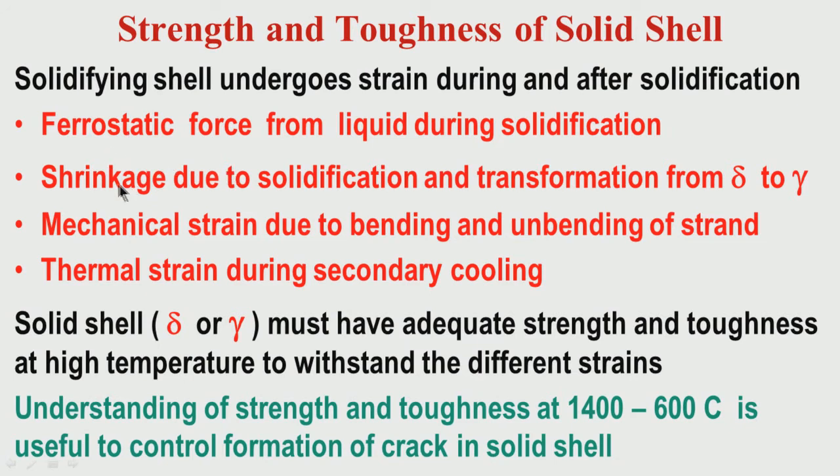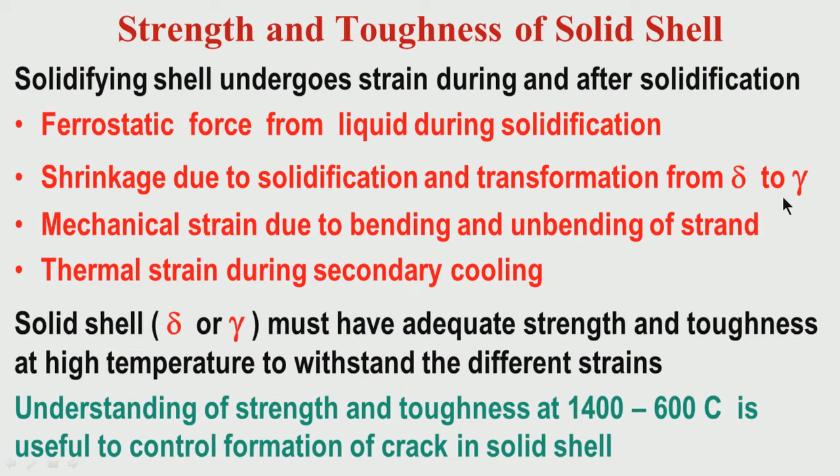Then of course there will be shrinkage during solidification. In steel, there is a shrinkage when solidification takes place. Now additionally there will be shrinkage from the transformation of delta to gamma. I have mentioned that for certain grades of chemistry, initially you will have delta, then you have gamma, and for certain grades you have only gamma during solidification and beyond.